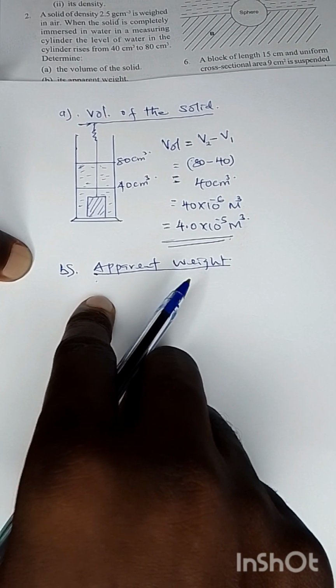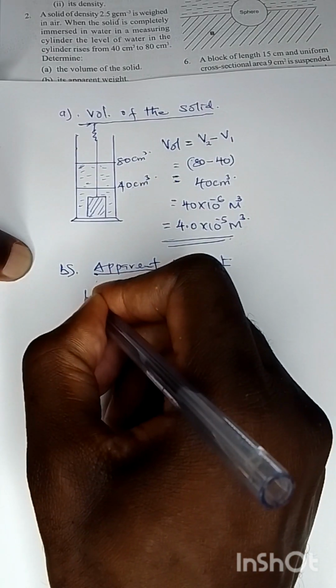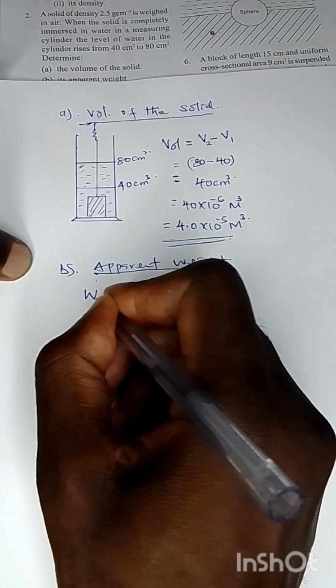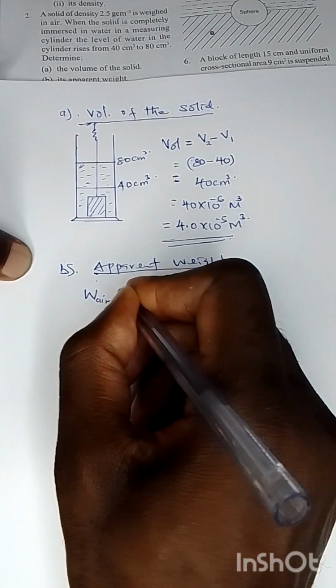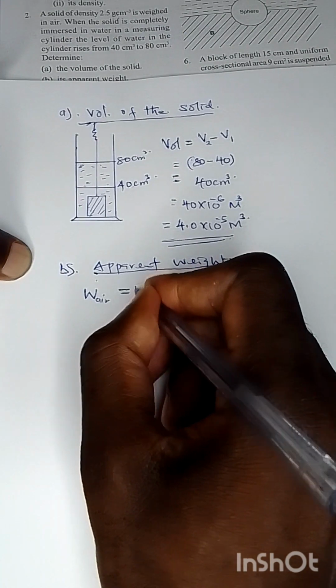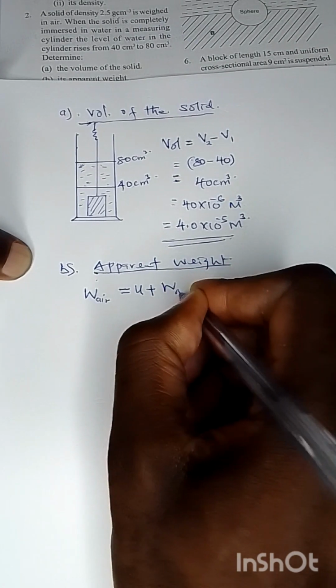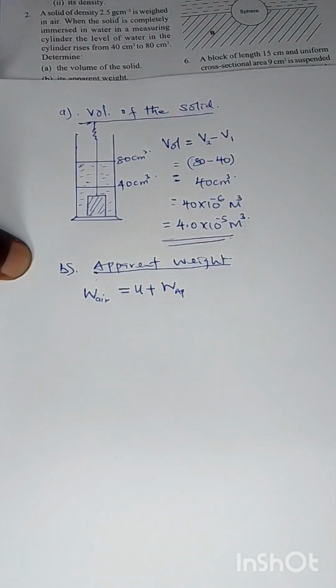I will say weight in air equals upthrust plus apparent weight, which I'm calling WAP, apparent weight.